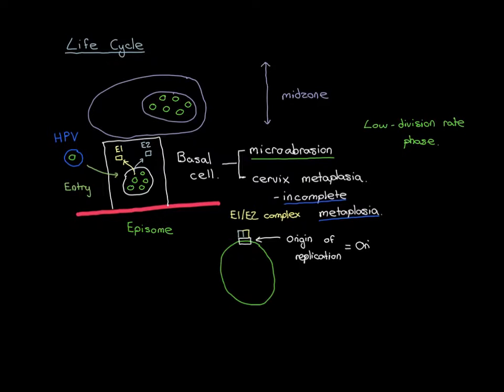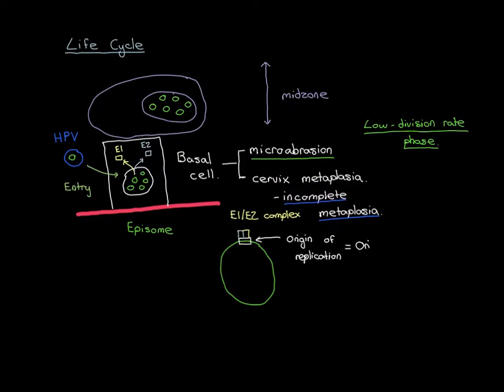Later on in the mid-zone, as I will come to, this viral genome production gets out of control and you produce loads and loads of them. So this is just the low division rate phase of the viral life cycle. We are producing a few more viral genomes, but this is not the major productive part of the life cycle yet. It gets more dramatic than this.